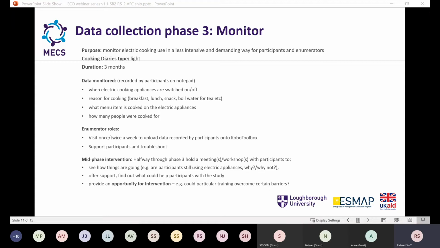Then you might be able to provide a training where you demonstrate that it is possible to cook these dishes. In the subsequent data collection, you can see if this training was successful at overcoming the barriers to cooking these particular menu items in an EPC, in this example. And this gives valuable lessons about what training works and is effective and what isn't.